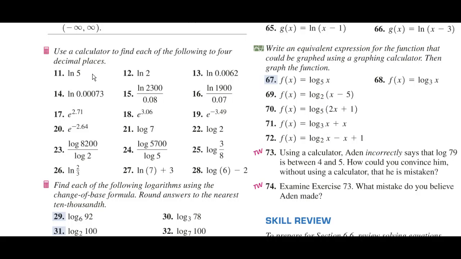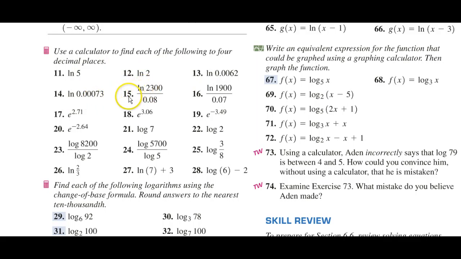If it's 5 or more, you drop it and add 1 to the 4th decimal place. If it's less than 5, you just drop it. So putting this in your calculator, you would just hit the natural log button, 5, enter. And the same for all of these.